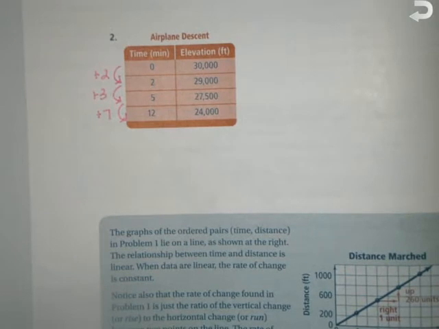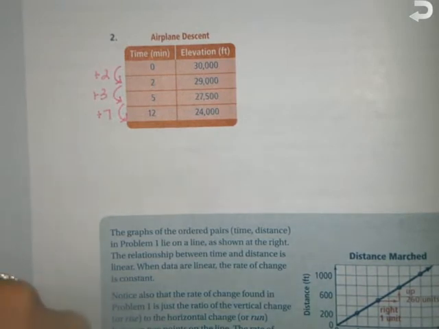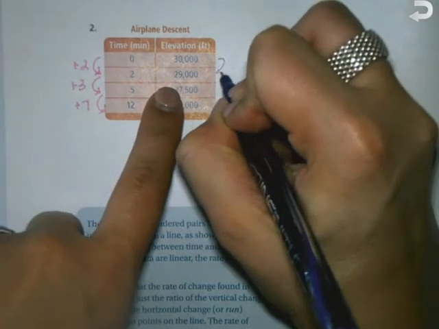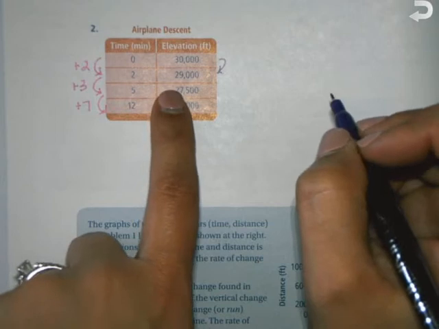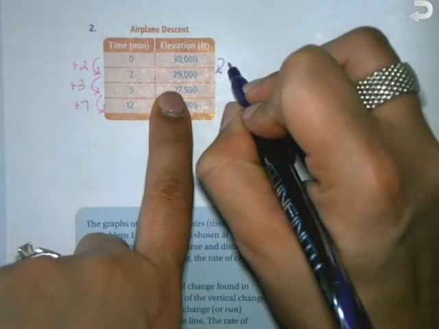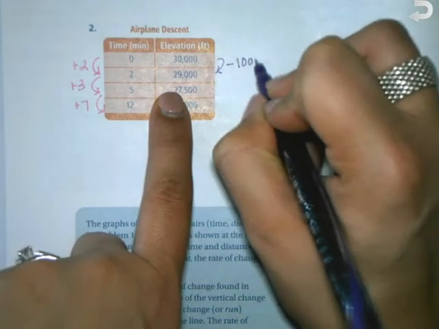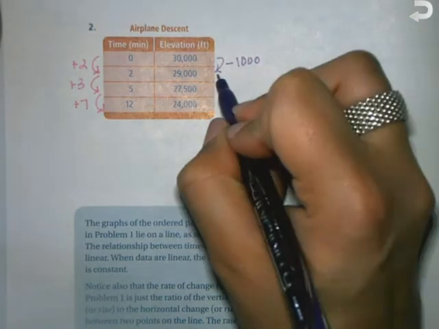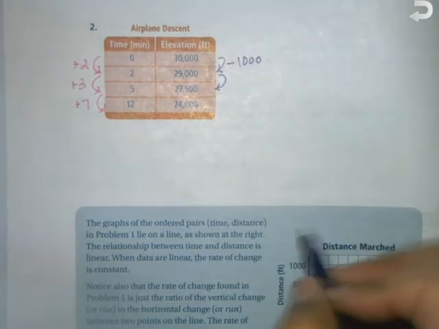So let's look at how much each change in elevation occurs between intervals. So from 30,000 going down to 29,000 feet, how much did we change? Negative 1,000. So what about 29,000 to 27,500?